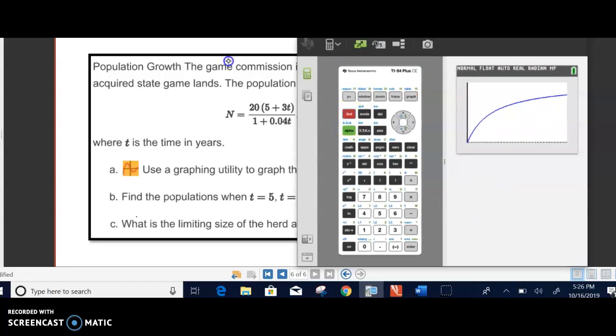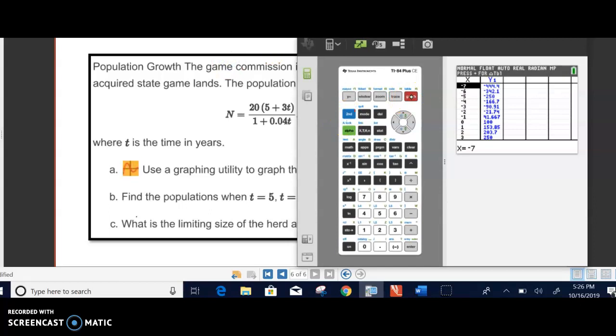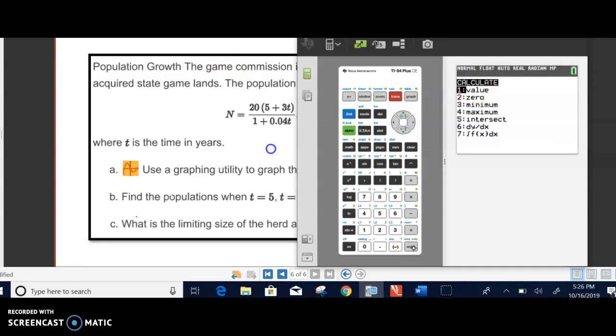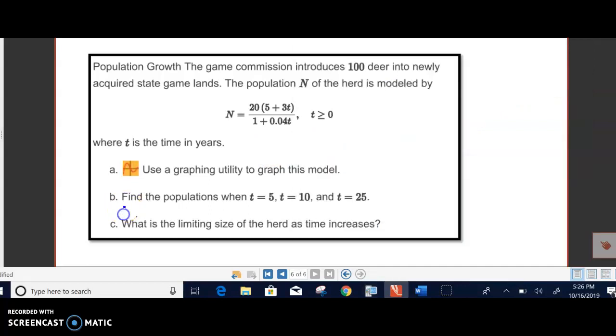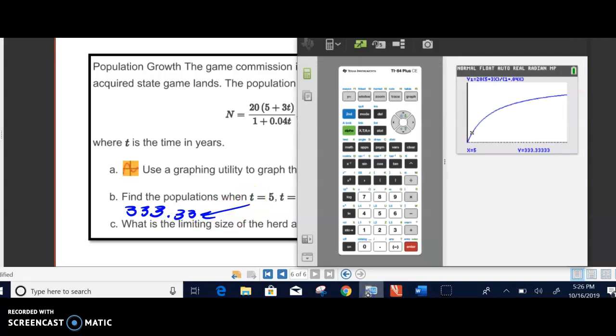So we can just go to the table feature. We can go to second calc and choose that value feature. And so let's type in T equal 5. Okay, so we get 333.33 when T is equal to 5.